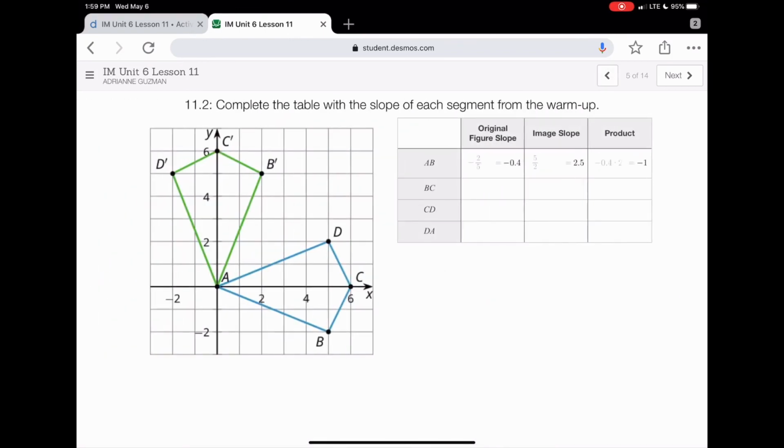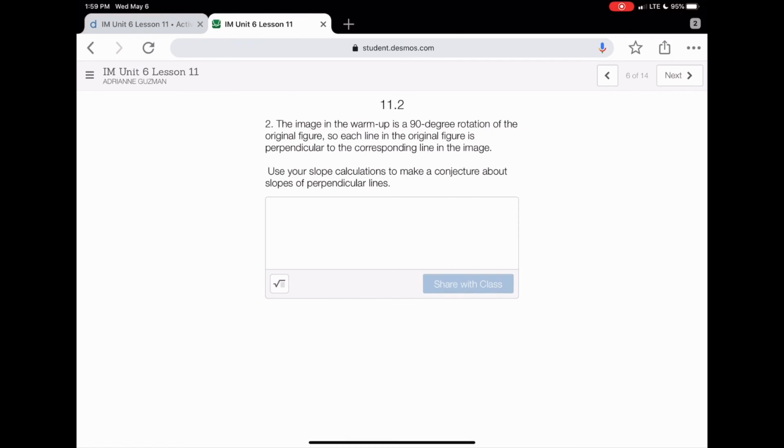Once you're done, go ahead and pause the video, complete this table, and then answer this next question. It's saying the image in the warm-up is a 90-degree rotation of the original figure. So each line in the original figure is perpendicular to the corresponding line in the image.